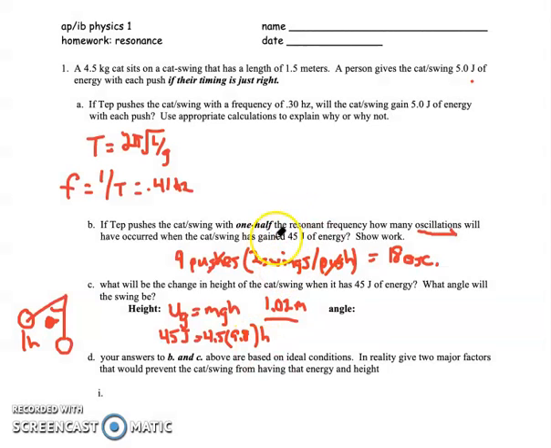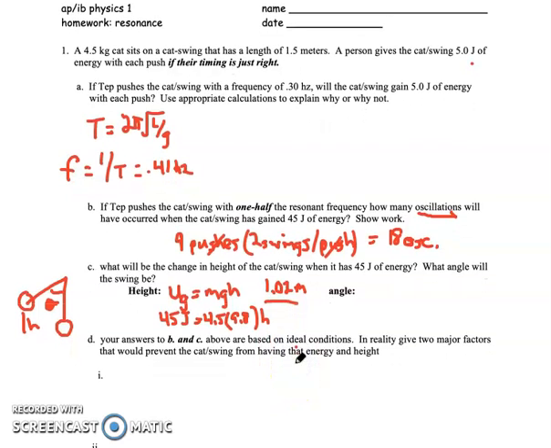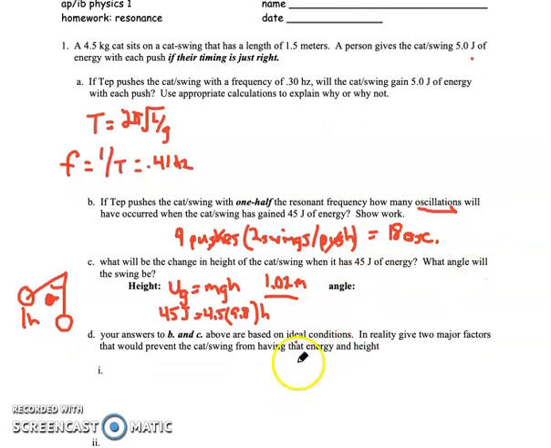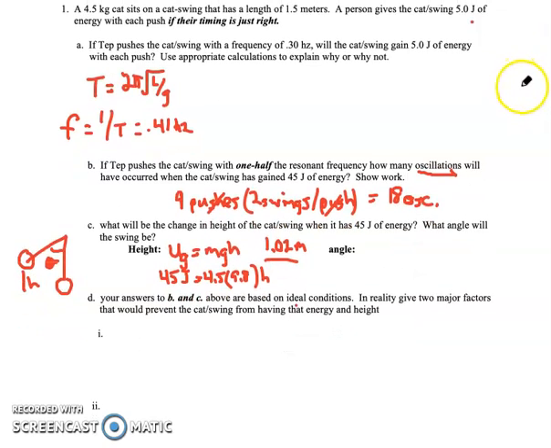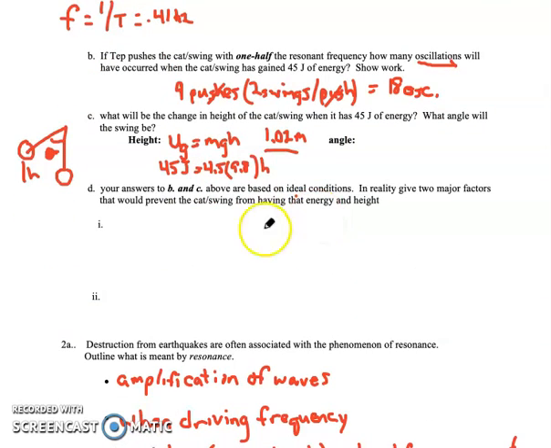All right, next question. In reality, it's not likely that the cat will have that much energy. And what are two reasons for that? The one obvious answer, and I'm going to imagine many of you put something like friction or energy loss, and that's true.